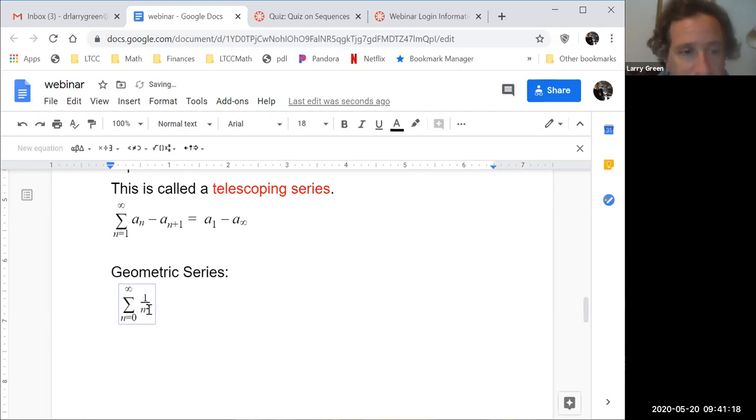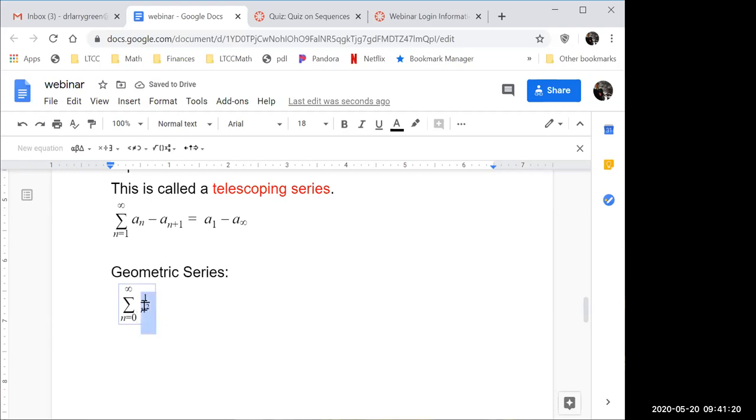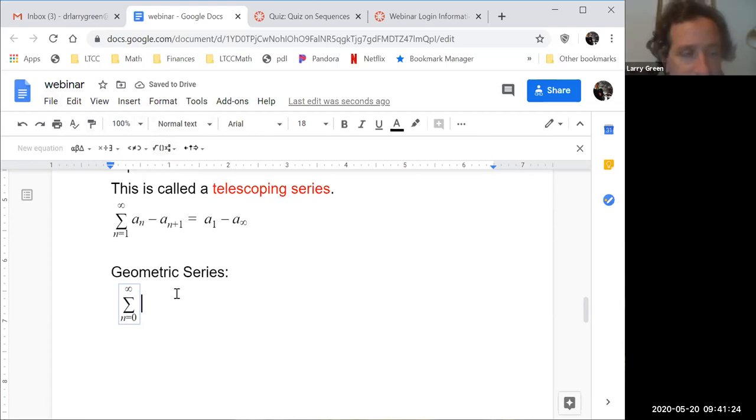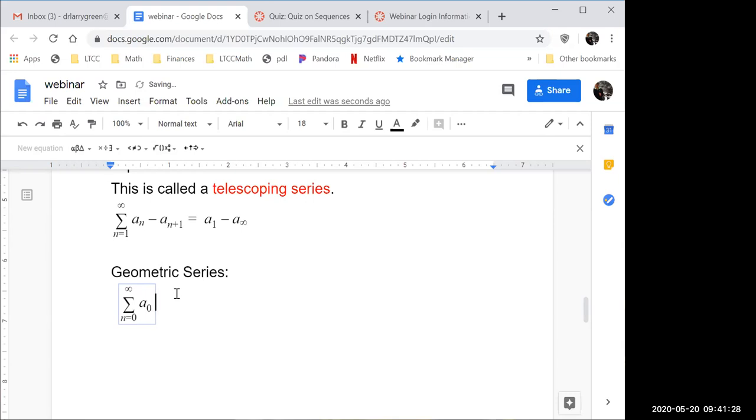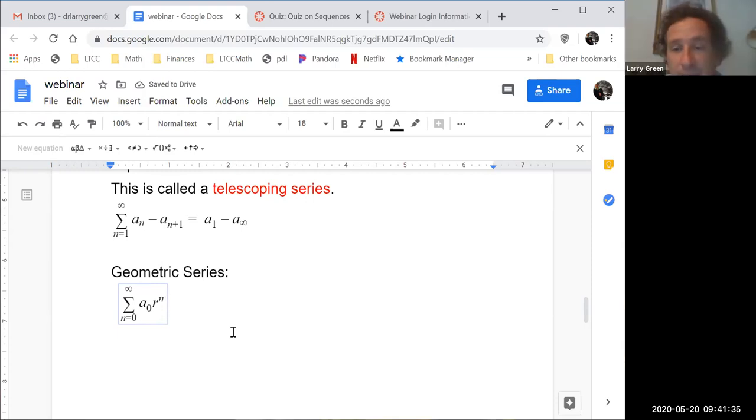The book goes 1, but I like to go 0. Of A naught R to the n. That's a geometric series. You all agree? In fact, it's what you had for the quiz problem.